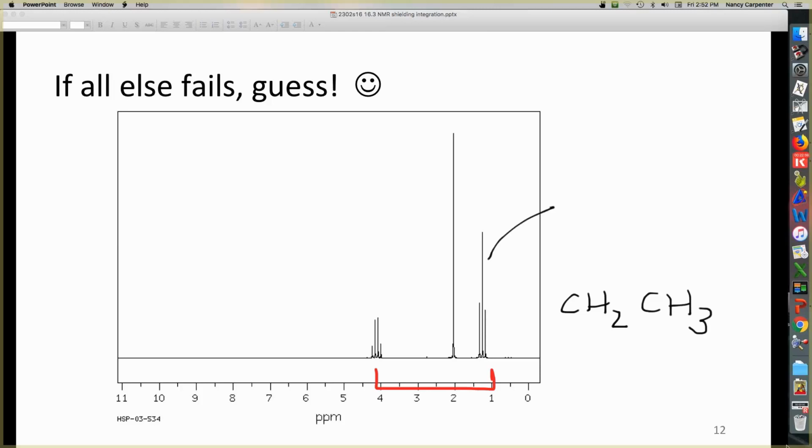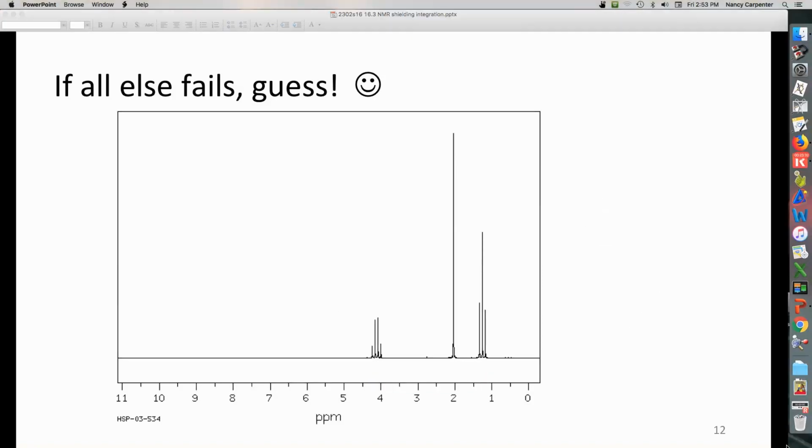So we will soon recognize that this is most likely a methyl group. This is most likely a CH2. And once you know that, and you know, for example, that this is a CH2, then you can figure out your other integrations from there.